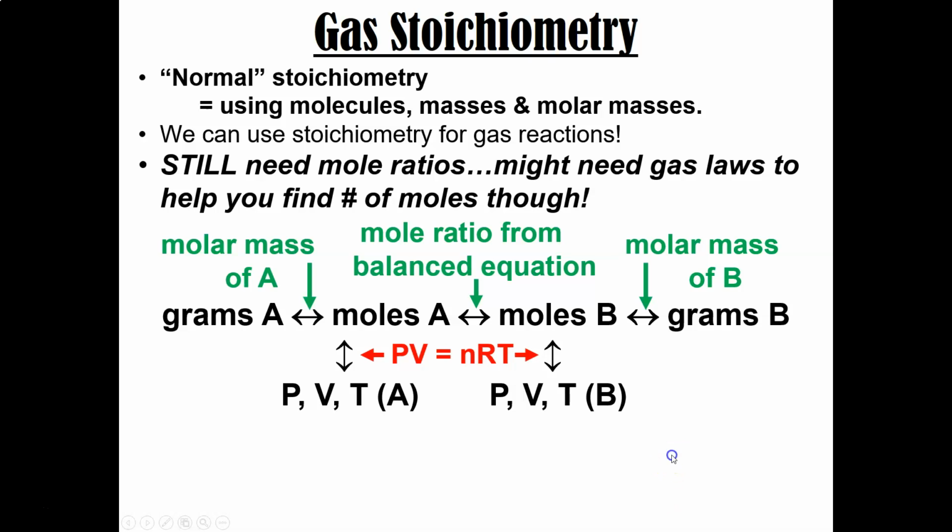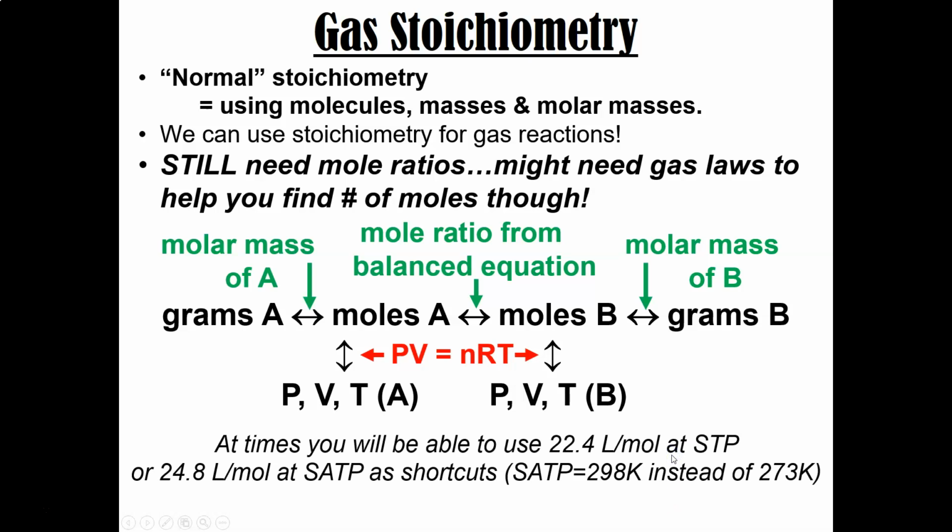Once in a while, you may be able to use things like molar volume, which is a memorized answer to a question, okay? So 22.4 liters per mole is what you get if you are at what we call STP, standard temperature and pressure.